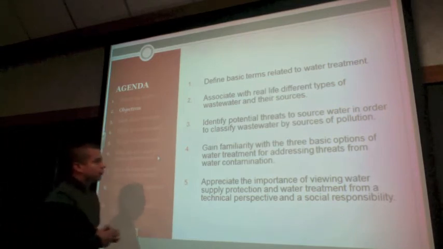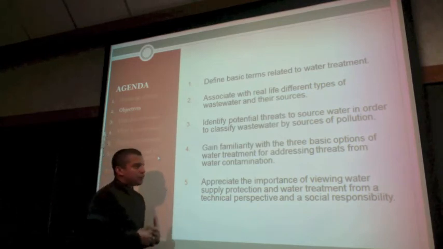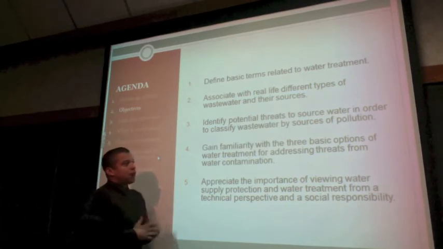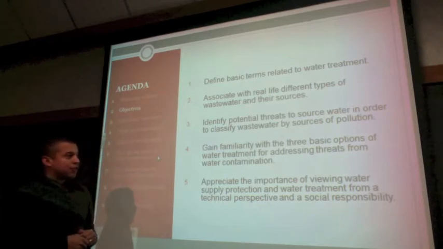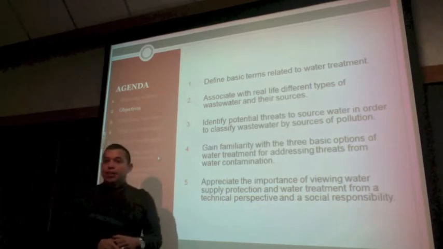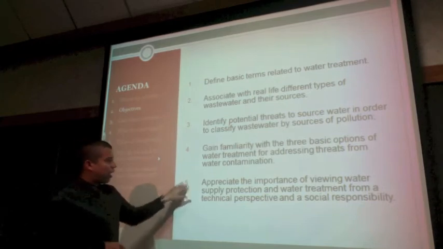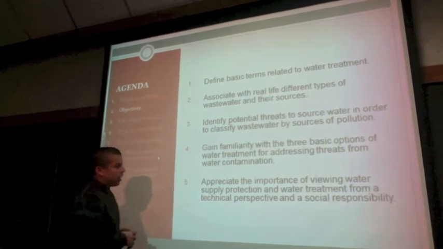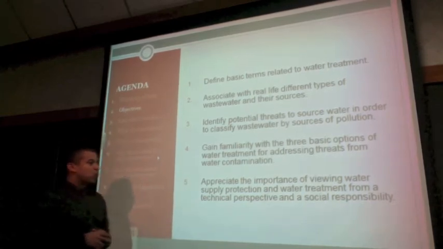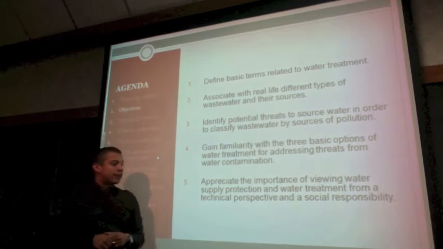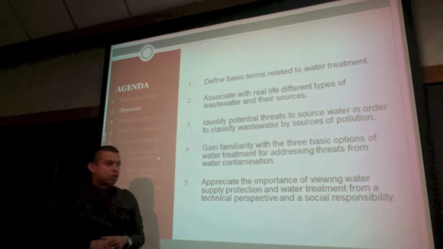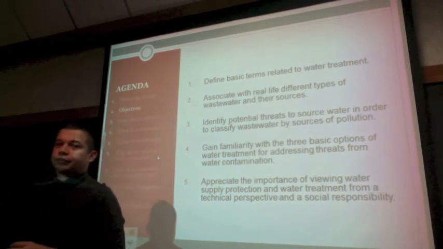Number 4, gain familiarity with the 3 basic options of water treatment for addressing threats from water contamination. And number 5, appreciate the importance of viewing water supply protection and water treatment from a technical perspective and as a social responsibility.